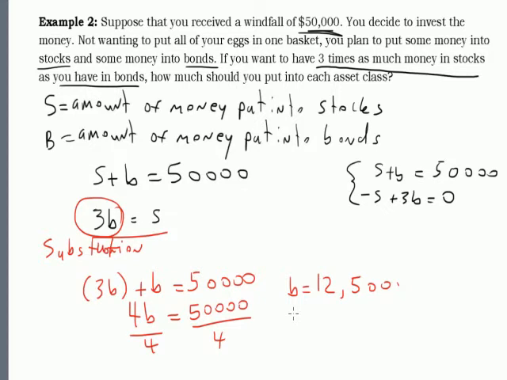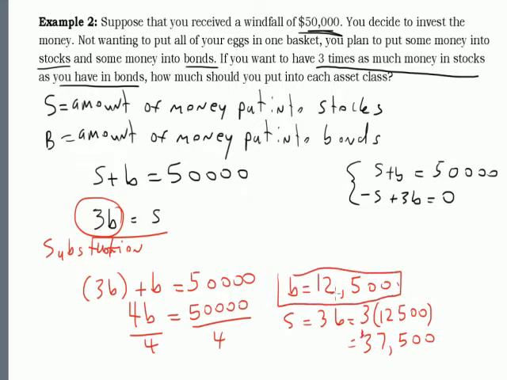I have my equation for S, that's equal to 3 times B, so that will be 3 times 12,500 here. One too many zeros there. Or $37,500. So here's my B, and here's my S.